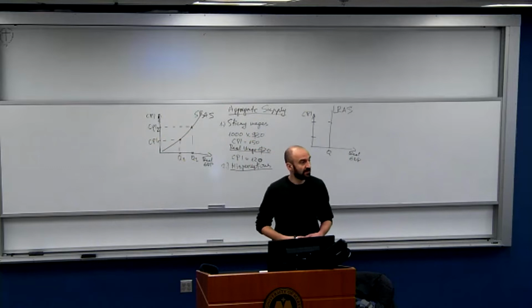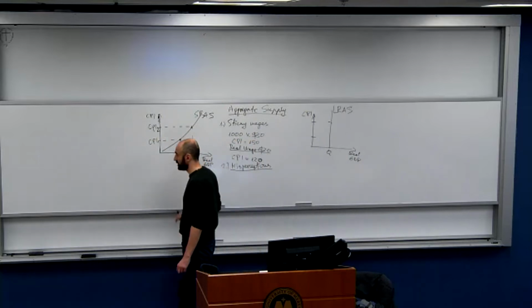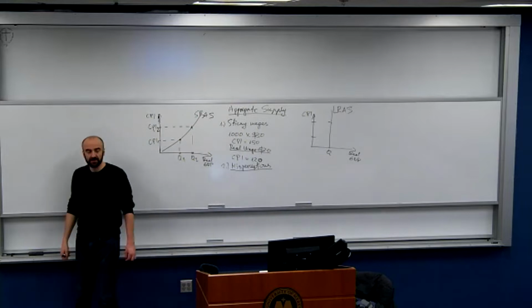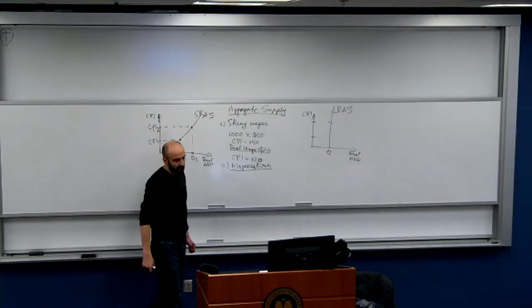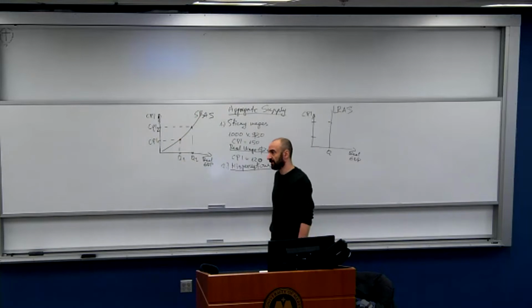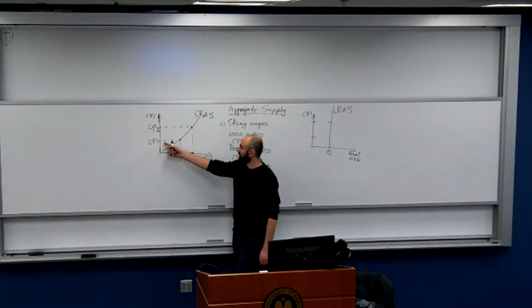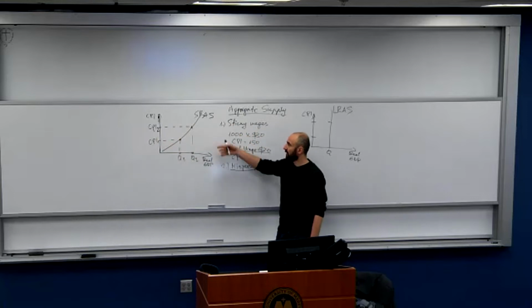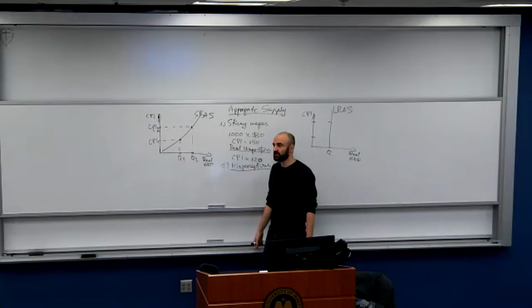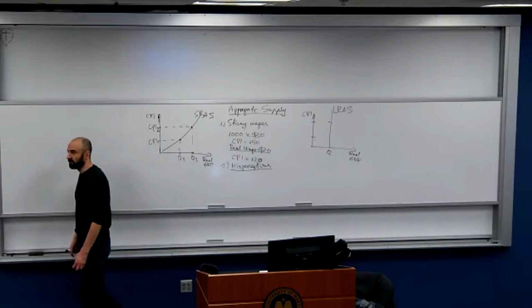Imagine now that the wages are flexible, that they change. And imagine that the price level increases. So there is a direct proportionate relationship between how high the wages are and how many people want to work.